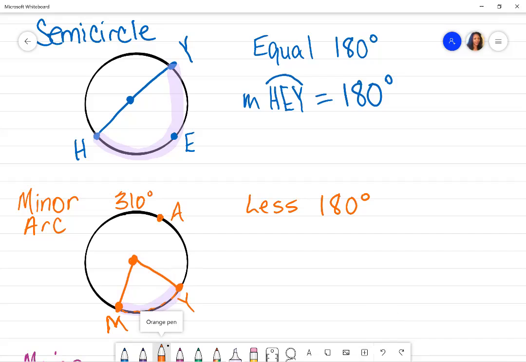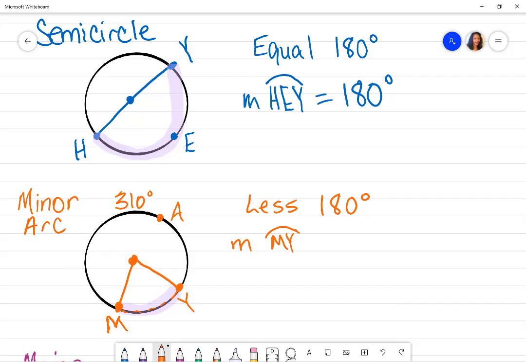And if I were to ask you, what's the measure of arc MY? This time I can use two letters, because I know that if I go the other way around to MY, that's greater than 180 degrees, so that's not the direction you want me to go.